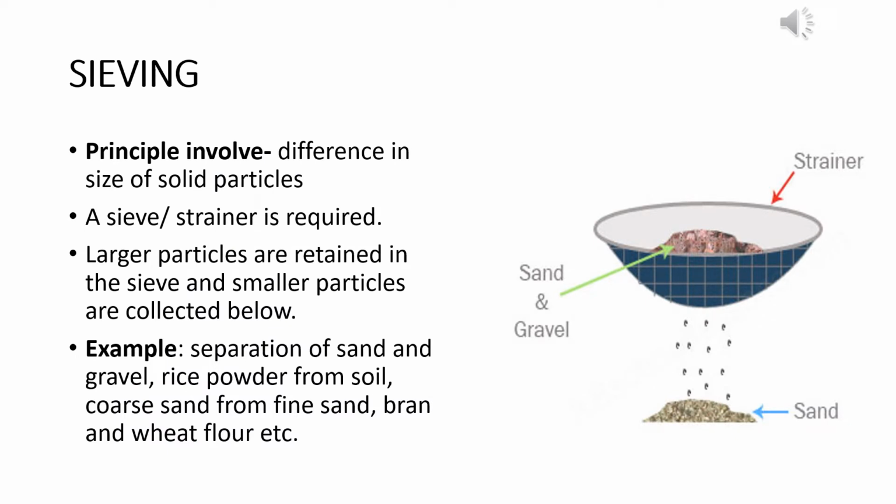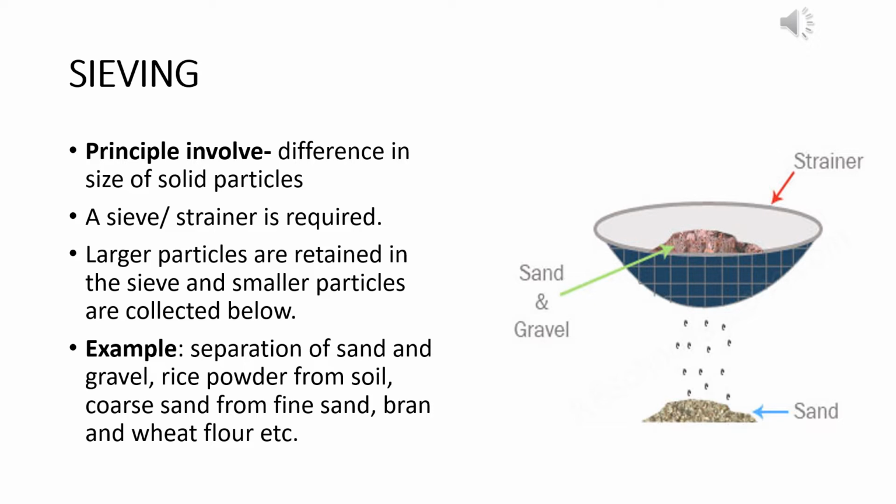The first method of separating a solid-solid mixture is sieving. What do we mean by a solid-solid mixture? That means that the components of that mixture are all in solid form. Here, the principle involved in separating the mixture is the difference in size of the solid particles used in the mixture.